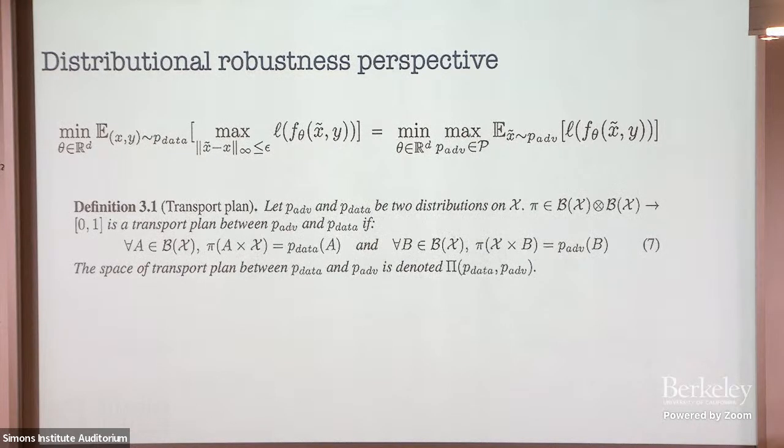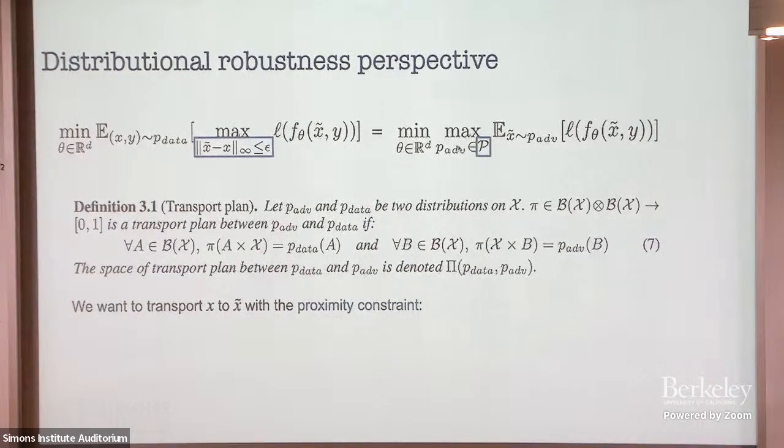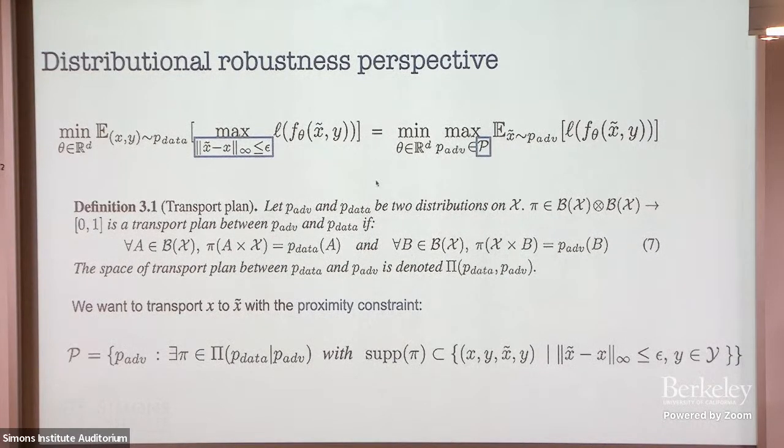So the way we prove this is, if we want to transport x tilde not too far from x, we want a transportation map that transports the data distribution to the adversarial distribution. We have this transportation map that says who is transported to who, and what we want as a constraint in order to satisfy the blue constraint is that the support is only constituted of the y's here that are the same and x tilde that are smaller than epsilon with respect to this L infinity norm.